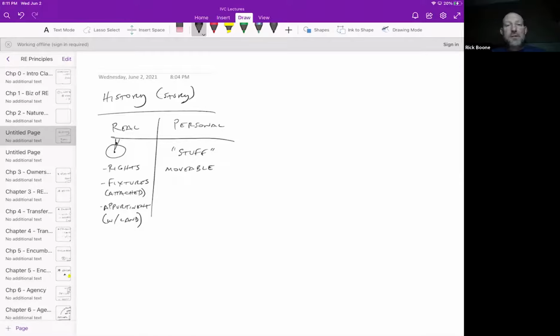So there's our big difference between real property, dirt, structure, things that are fixed to it, things that go with it, versus personal stuff like your pen, your paper, your computer, your phone, your car, that's pretty easily movable. And it can usually be sold as well with a simple bill of sale, a simple receipt when you buy it. Personal property. Pretty easy to transfer.